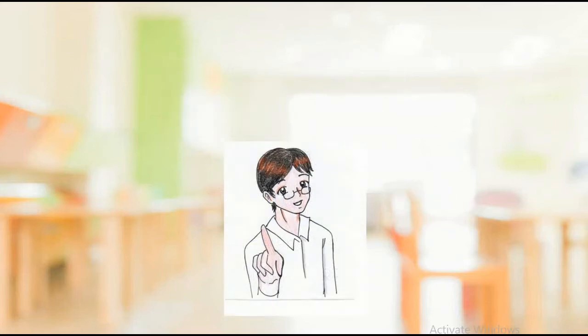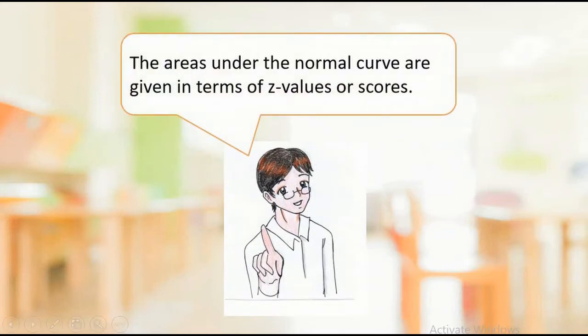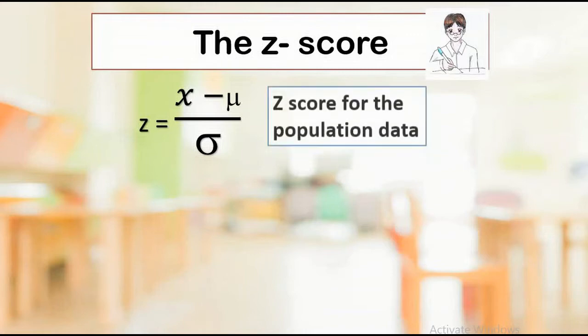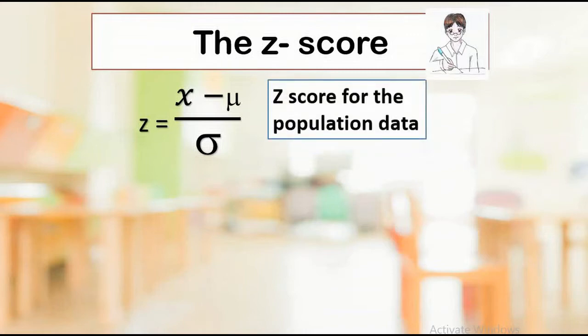The areas under the normal curve are given in terms of z-values or scores. The z-score, z is equal to x minus mu over sigma. This is the z-score for the population data. And z is equal to x minus x bar over s.